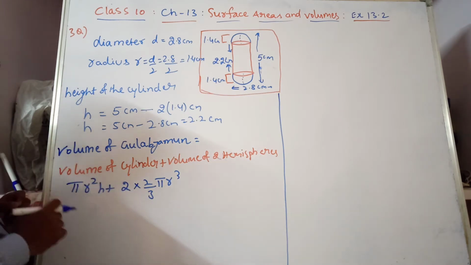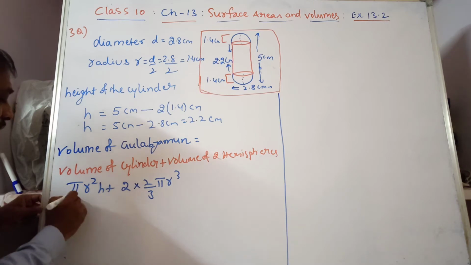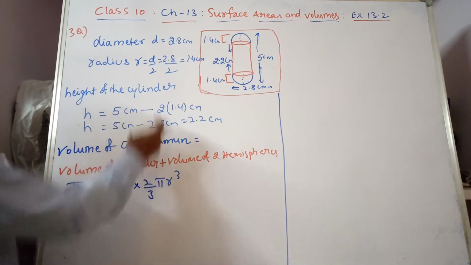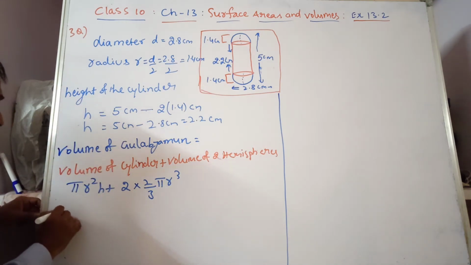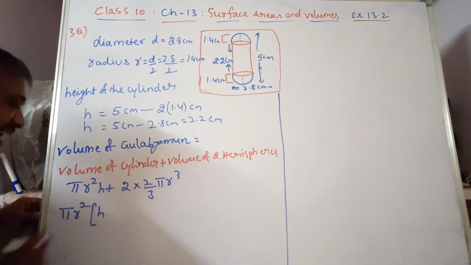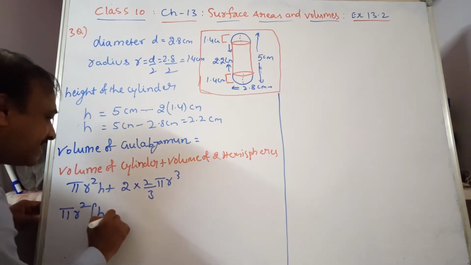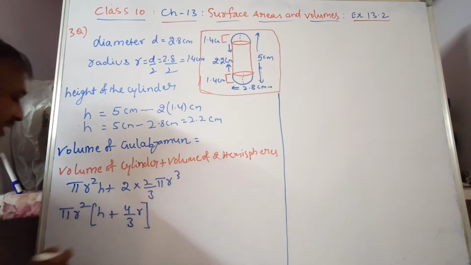We are taking 2, so 2 into 2 pi by 3, and pi is common in both, and the radius of both the hemisphere and the cylinder is common. So I am taking out the common terms, pi r square, and what is left over is h plus 4 by 3 r.